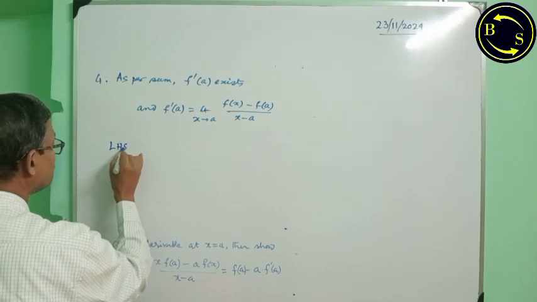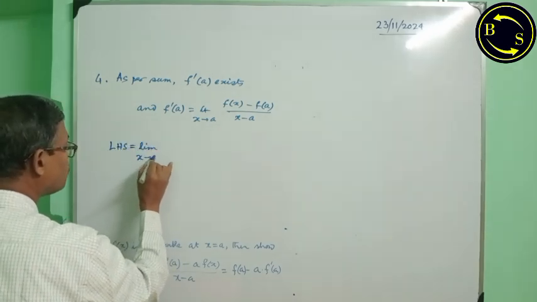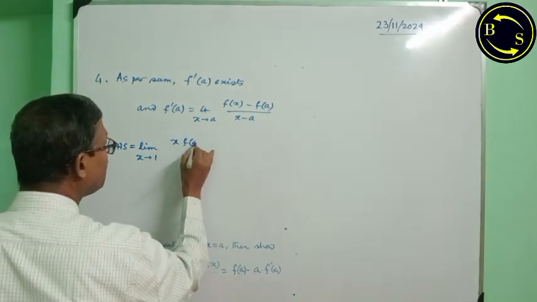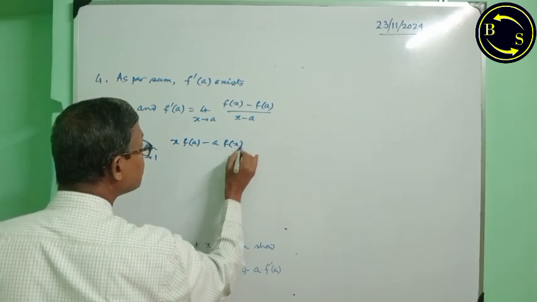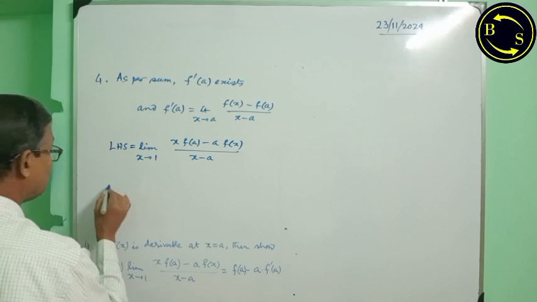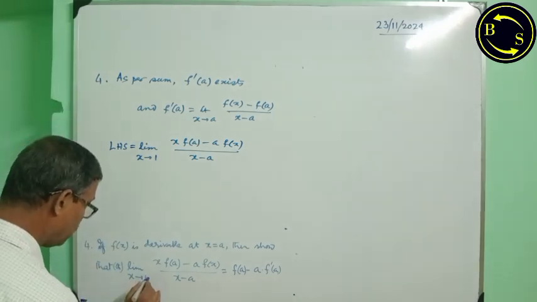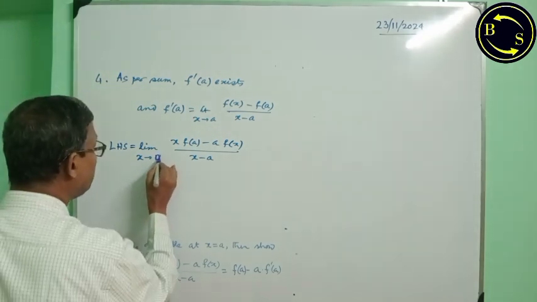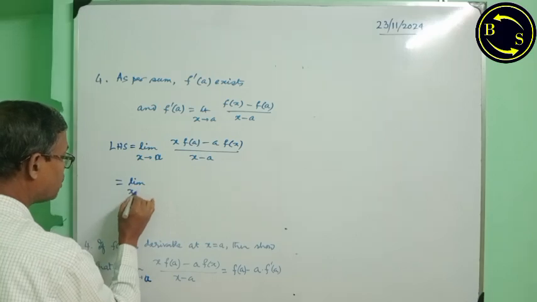LHS is equal to limit x tends to a, x fa minus a fx by x minus a.